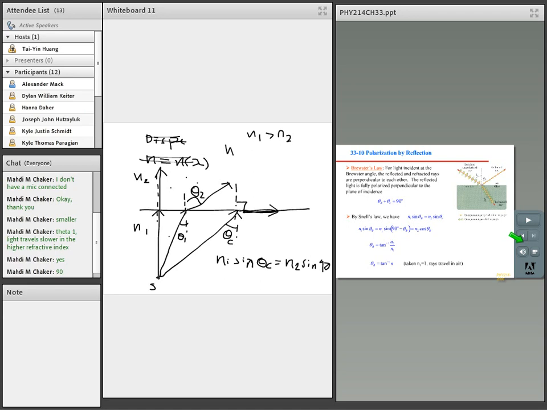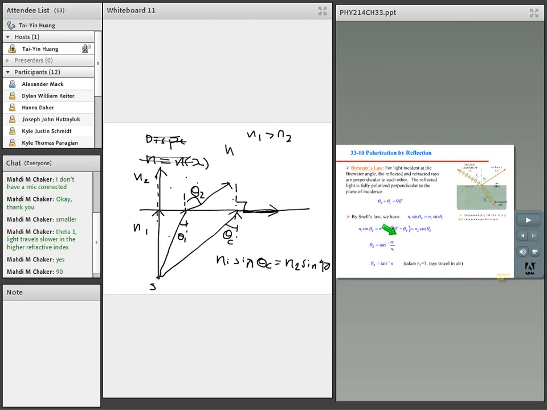So if you apply Snell's law, n1 sine theta C, which is sine of the critical angle, is equal to n2 sine of 90 degrees, because now the light ray is propagating along the interface.